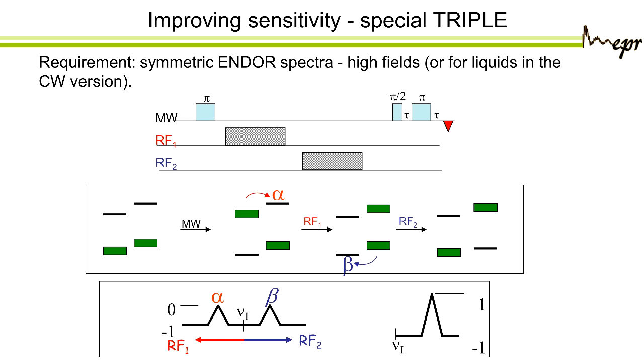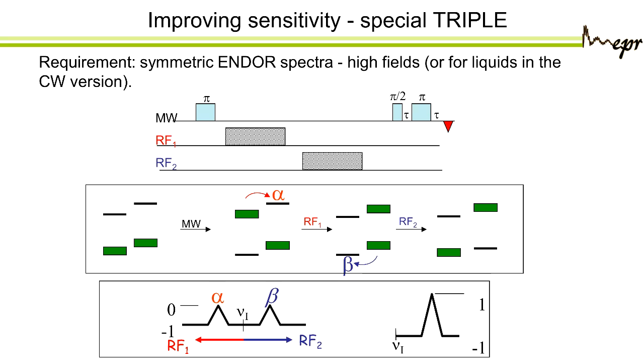Now, before you detect, you can say, okay, now I can go on the beta manifold and give the RF. If I work at a high field, in protons for instance, I know they are symmetric. At low field, it will not work because they are not symmetric, because of this B term.